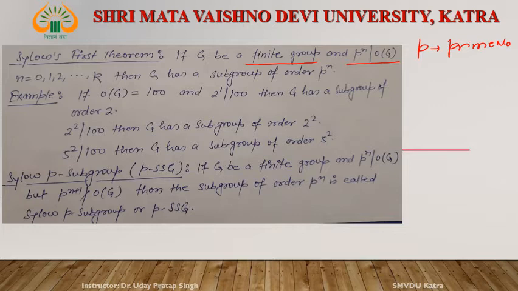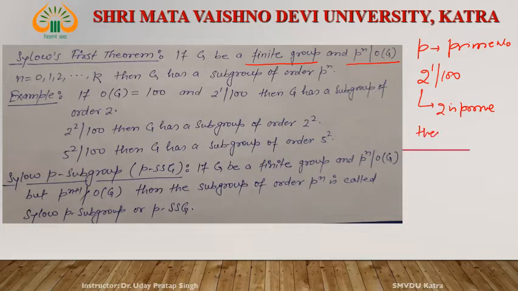For example, if the order of G is 100, then 2 to the power 1 divides 100. What is 2? 2 is prime, right?